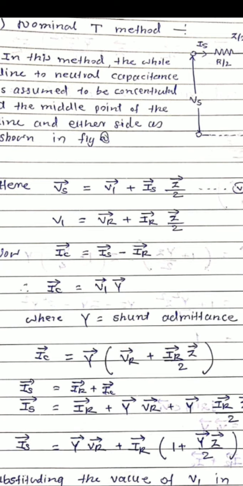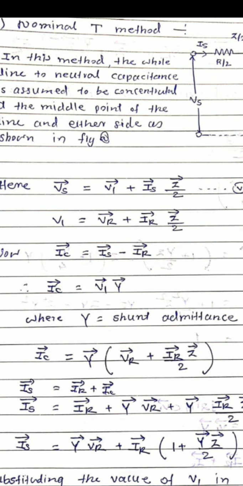In the medium transmission line, the capacitor is located at the middle, so the current will be divided at that point. So the transmission line is divided into two halves, and from that we calculate the values. Now IC is equal to IS minus IR, then IC is equal to V1 Y, where Y is the shunt admittance.